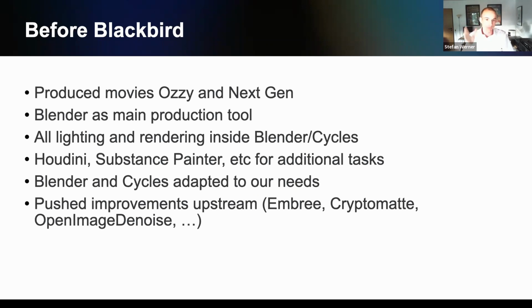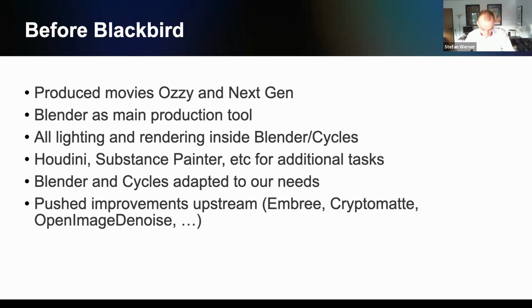Now, Blender being open source allowed us to adapt it to our needs. Initially, when we started working on Next Gen, there were a few roadblocks in Cycles and Blender that we just needed to overcome in order to deliver what we wanted to deliver. A number of these improvements were pushed upstream back towards the Blender Foundation and are now part of the official Blender distributions.